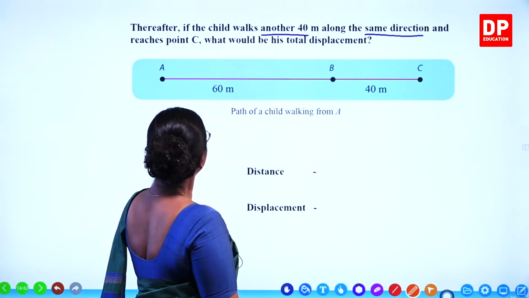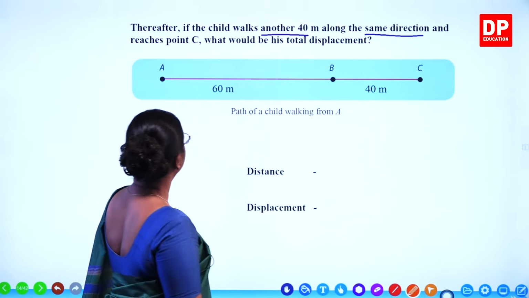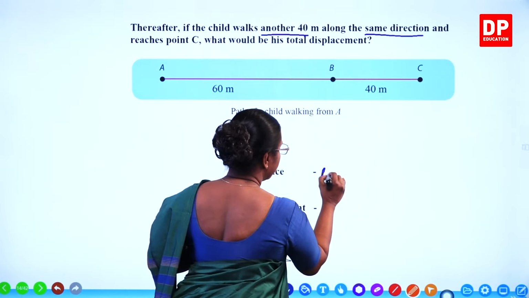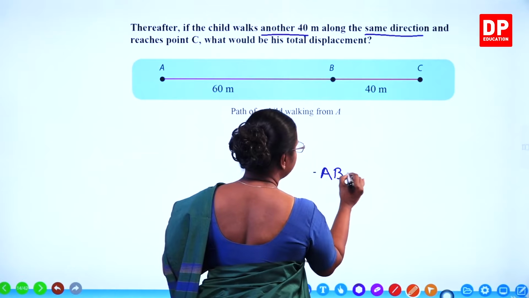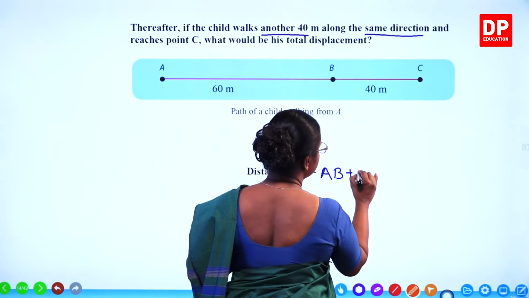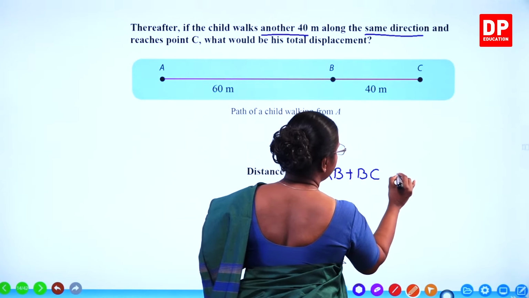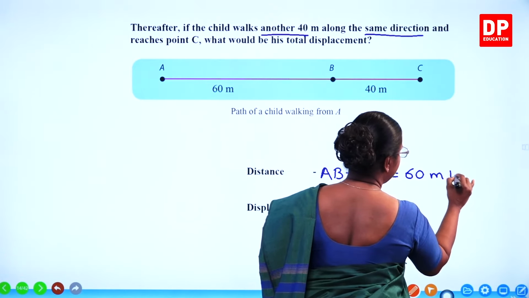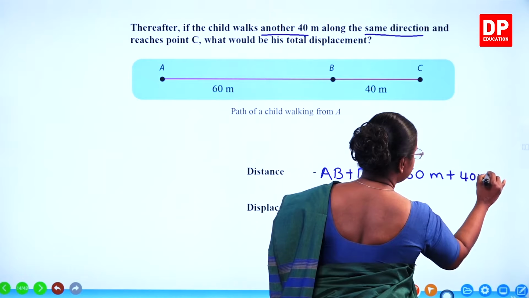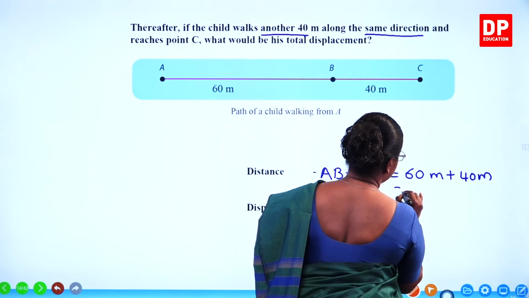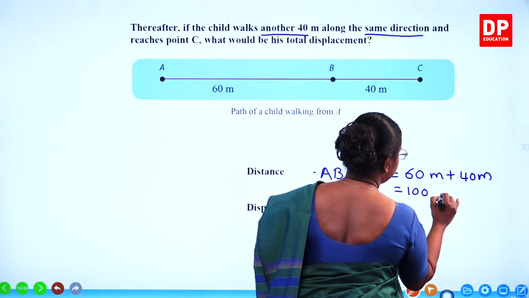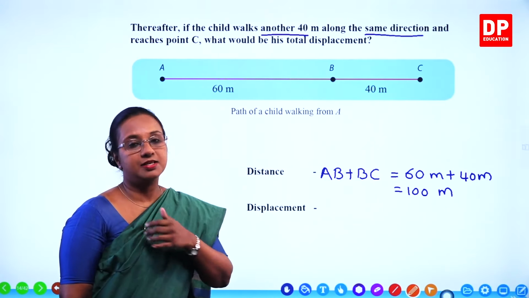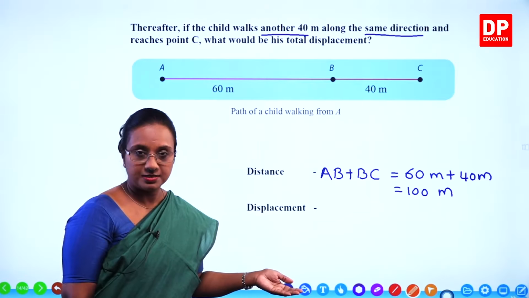So therefore the distance will be A to B plus B to C. So if they tell you to find the distance traversed by the child, A to B plus B to C, that is 60 meters plus 40 meters equals 100 meters. The child has travelled a distance of 100 meters.